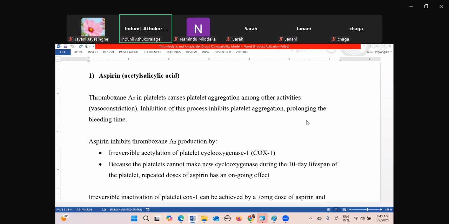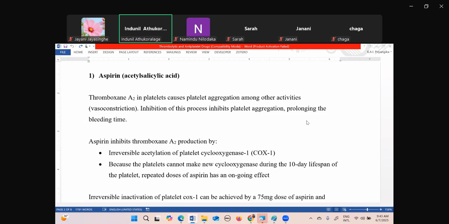Therefore, until the platelet generates new COX enzymes after 8 to 10 days, antiplatelet activity will be there. At high doses, the inhibition is reversible. Therefore, we can't see an antiplatelet activity. So that is the whole picture.